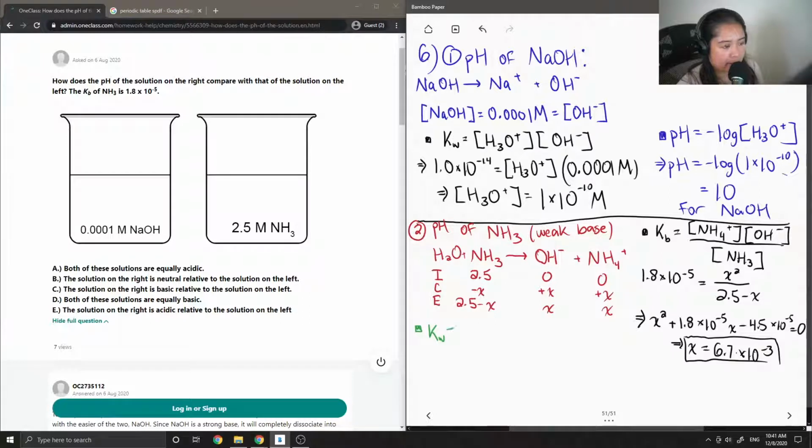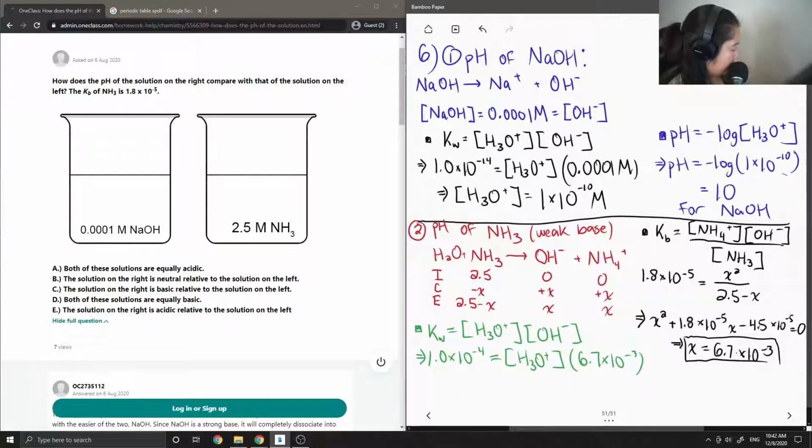So again, let's recall that Kw is equal to the concentration of H3O plus times the concentration of OH minus. Kw is equal to 1.0 times 10 to the negative 14. And then we just sub in 6.7 times 10 to the negative 3 as our concentration of OH minus.